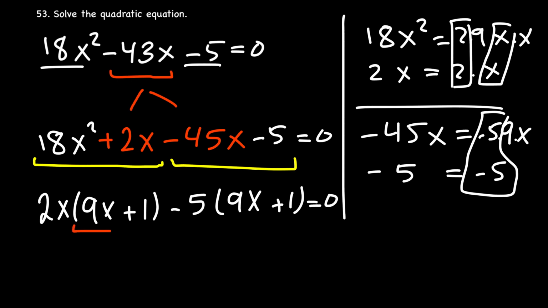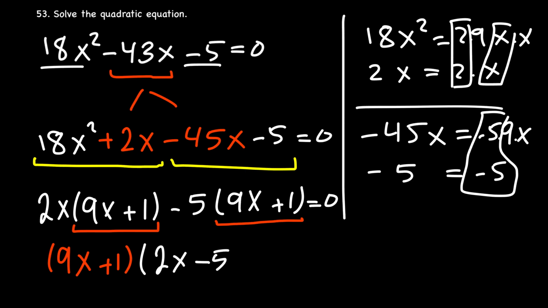If you notice here, these parentheses are the same. If they are the same, it means that we are on the right track. So we can take them as a greatest common factor. So we have (9x plus 1), this is the first factor, and the second factor, whatever is left, we have (2x minus 5). And this should equal 0.